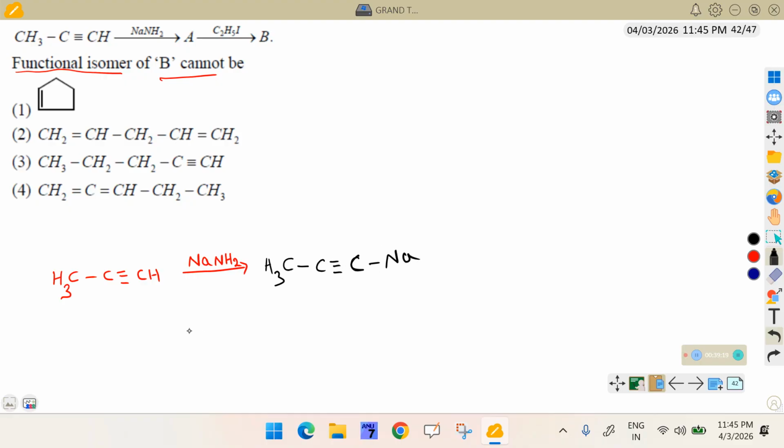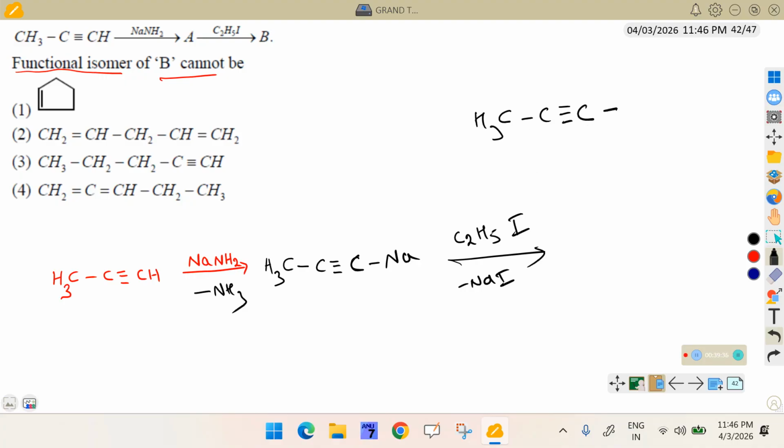Remove NH3 gas. Which further reacts with C2H5I. Remove NaI, then it gives CH3, C triple bond C, C2H5. It can be written as CH2CH3.